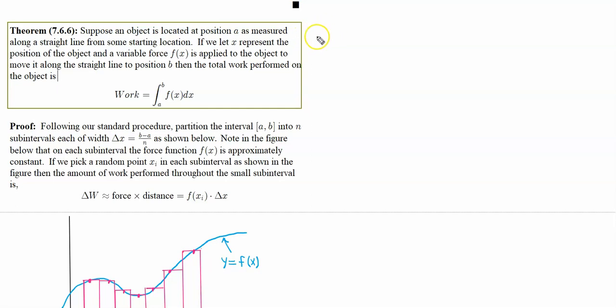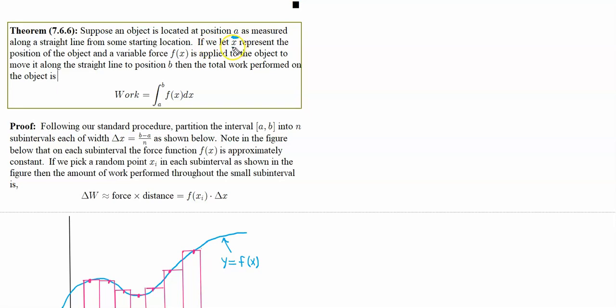Now let's take a look at this theorem. This theorem tells us how to calculate work if our force function is no longer constant, that is, if it varies with respect to the position of the object. So suppose an object is located at position a initially, as measured along a straight line from some starting location.